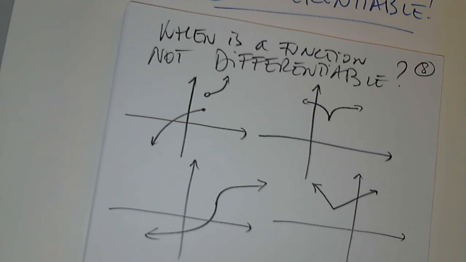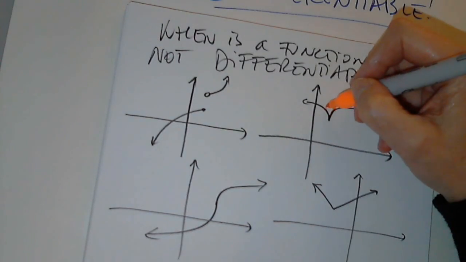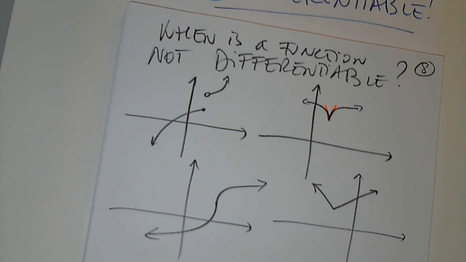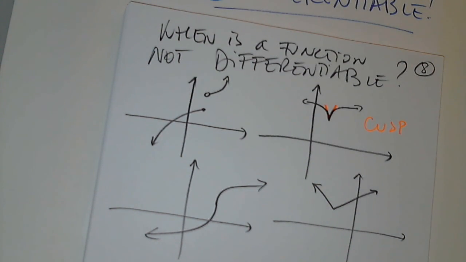In the second situation, I have again two tangents. One that is positive and one that is negative. This is called a cusp. It's something that looks like between two teeth, a cusp. The function does not have a unique tangent there. It has two tangents, therefore it's not differentiable. It doesn't have a tangent. It doesn't have a derivative.